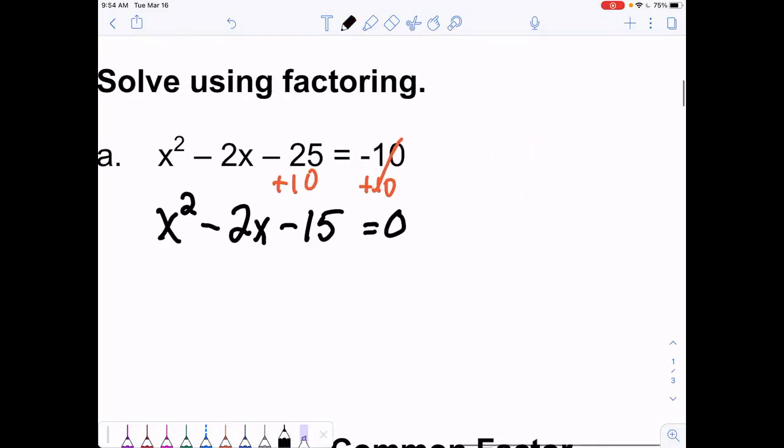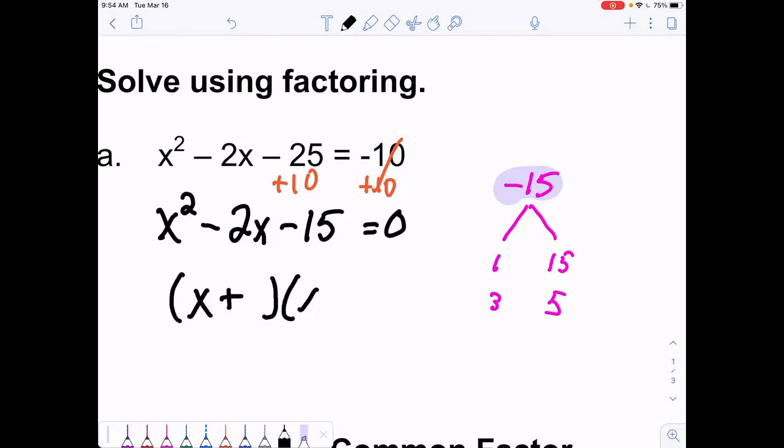So Jason, what's my AC value here? Yeah. Jason, what are the factors of 15? What else? Good. Jason, since it's a negative, are these factors going to be the same or different in sign? Yeah. So one's going to be a positive, one's going to be a negative. Which factors fit this? You want them to add to negative 2.